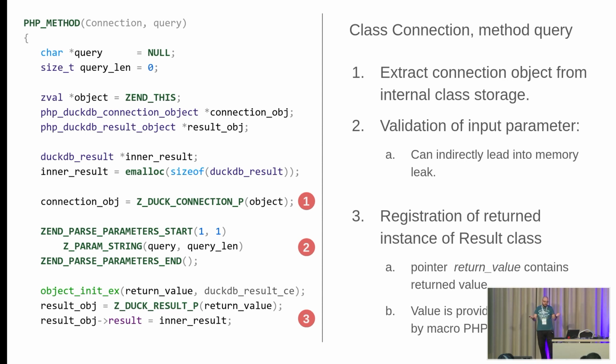In this case it's a query, and I validate if it's a string, and if the validation fails, I simply don't have any opportunity to free the memory which has been allocated by this emalloc. So I actually cause a memory leak, which will happen only in some situations.